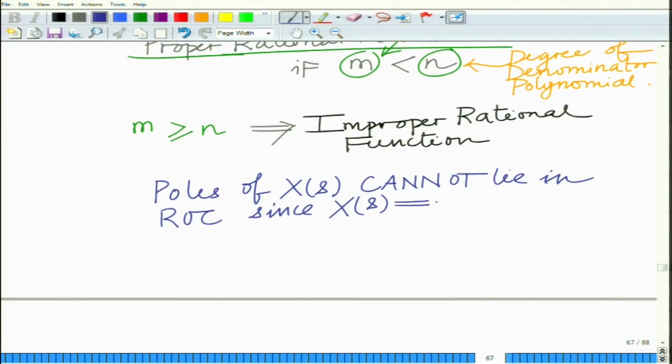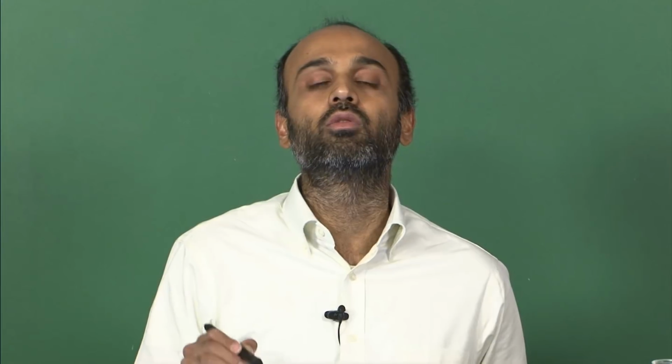So, the ROC, the region of convergence, cannot include the poles of the transfer function X(s). Okay. Let us take an example to understand this better.